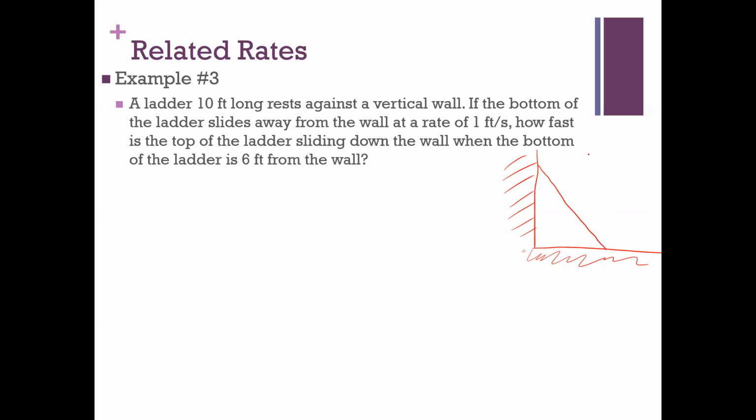Do I know anything about this ladder? 10 feet long. So how can I mark that 10 feet on this crude drawing here? Yeah, the hypotenuse is going to be 10 feet, right? Is that constant? How about this horizontal and vertical leg? Think that'll be constant? No. Why not?